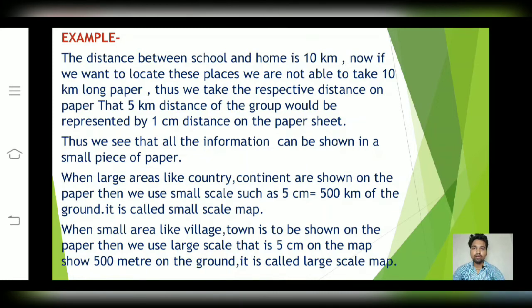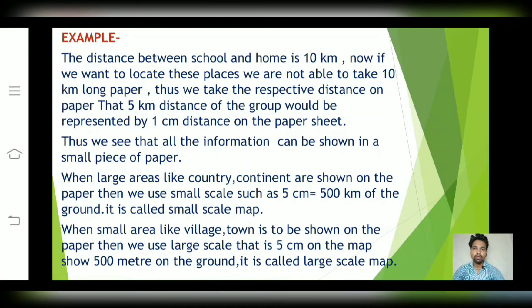Friends, when we are mapping a large area, then we need a specific type of scaling. So we use a small scale. If we do not use a small scale, we have to make a big chart that is too inconvenient and uncomfortable to carry or to make.